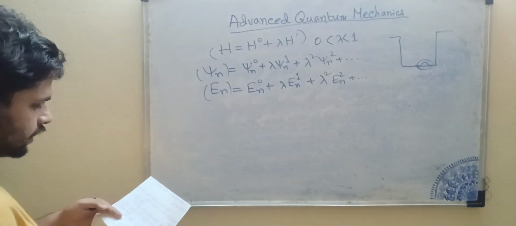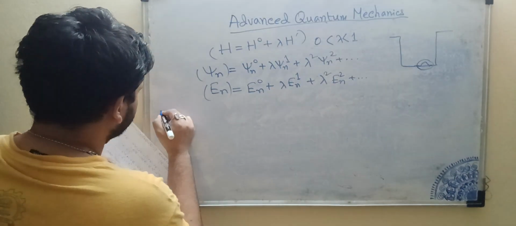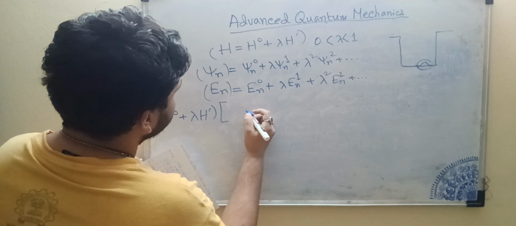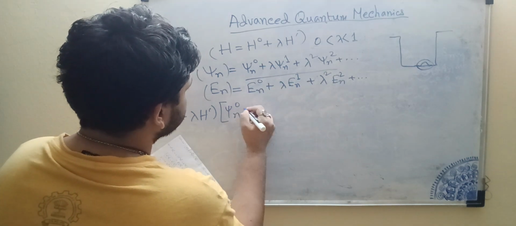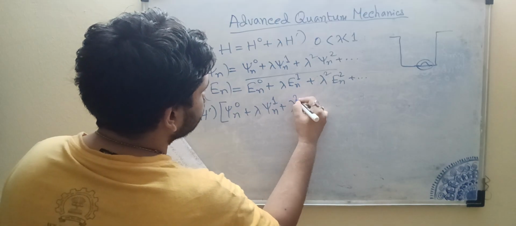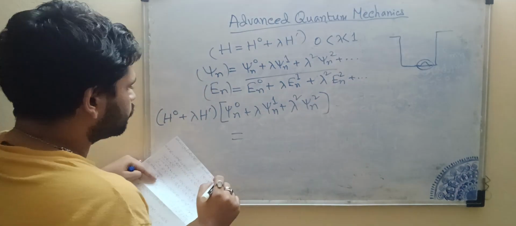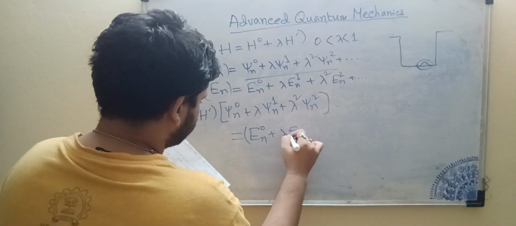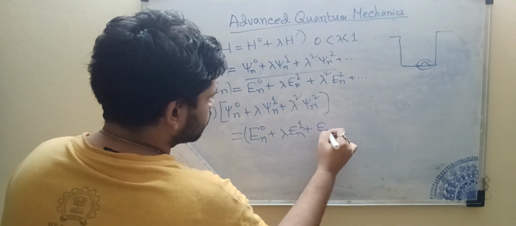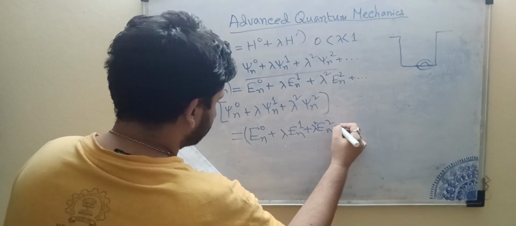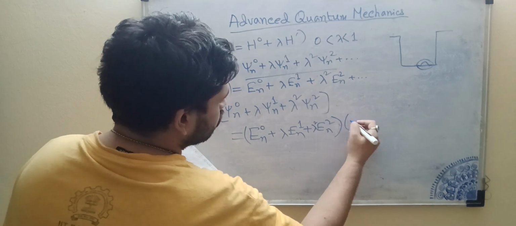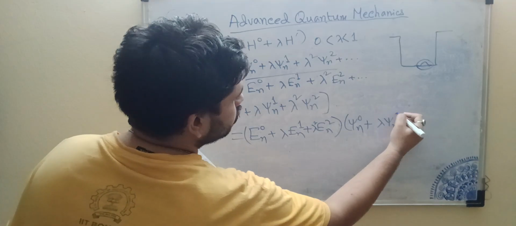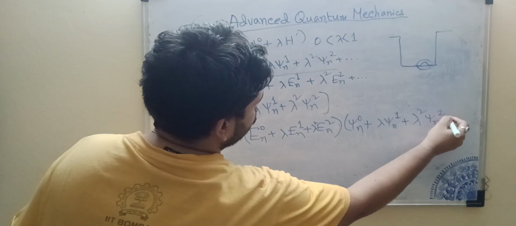Okay. So next it will be H0 plus lambda H prime operated on this one: psi n0 plus lambda psi n1 plus lambda square psi n2 is equal to En0 plus lambda En1 plus lambda square En2 times psi n0 plus lambda psi n1 plus lambda square psi n2 and so on.